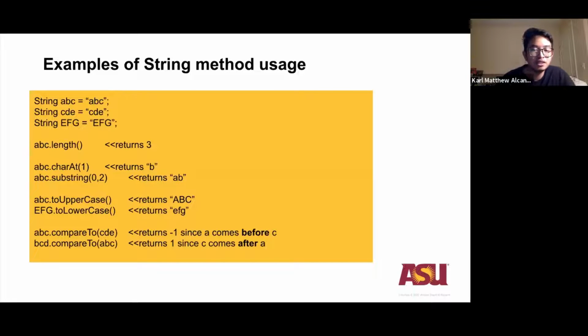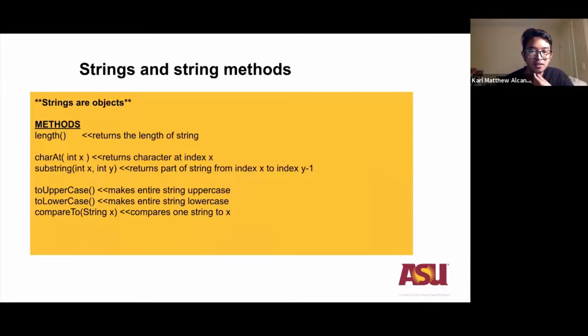And for the substring, when we invoke substring onto the string ABC, we see that it returns AB. As we saw on the previous slide, the substring method returns part of a string from index X to index Y minus 1.